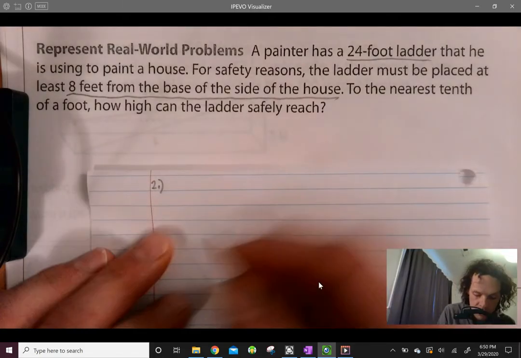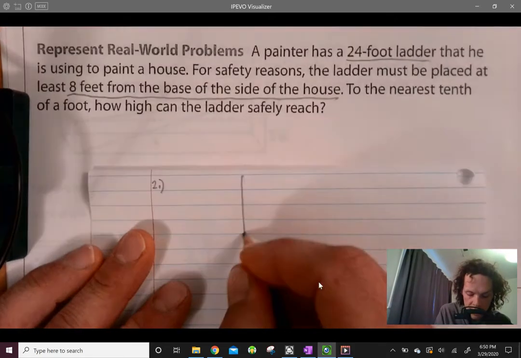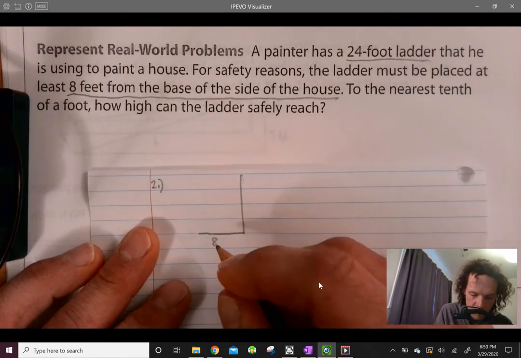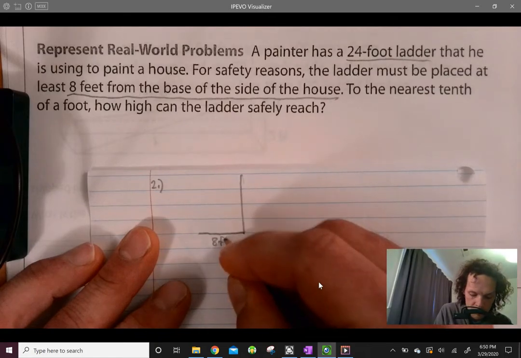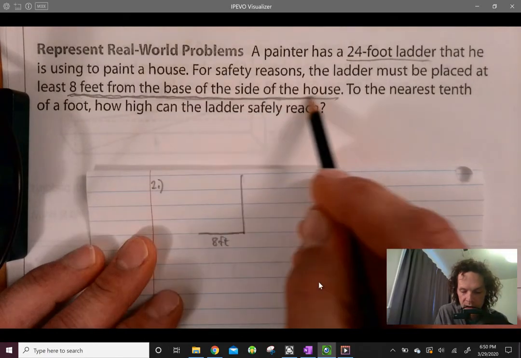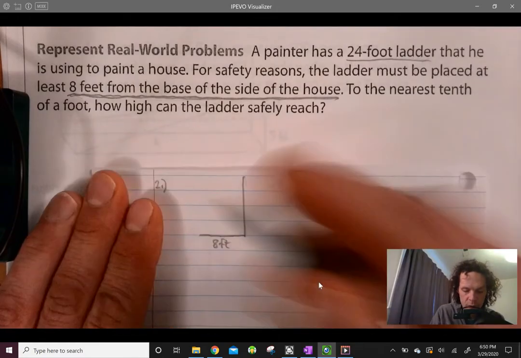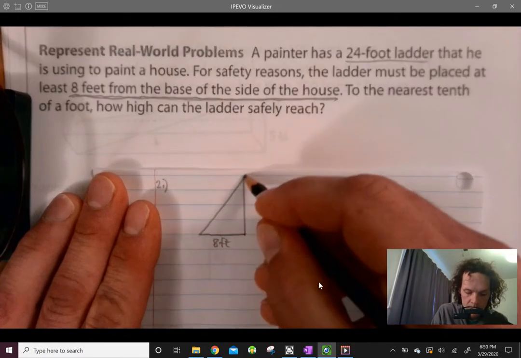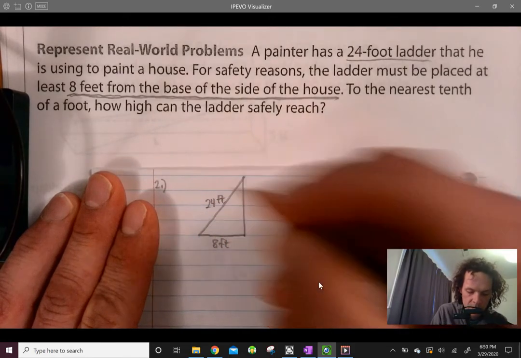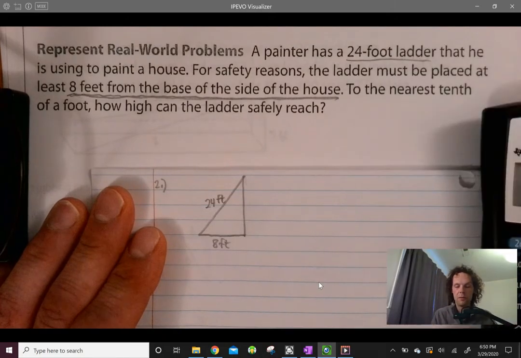All right, so here's my house, and I need to be 8 feet away. 8 feet from the base of the side of the house, and the ladder is 24 feet. So there, my hypotenuse is 24 feet.